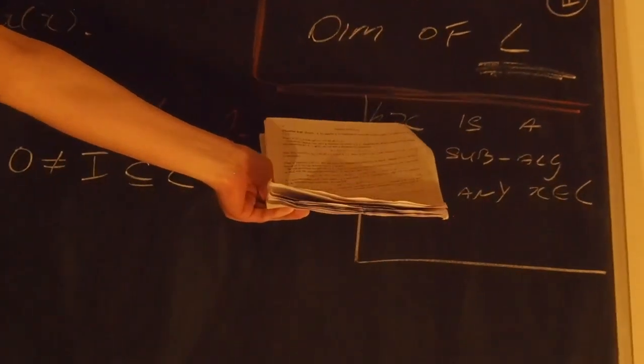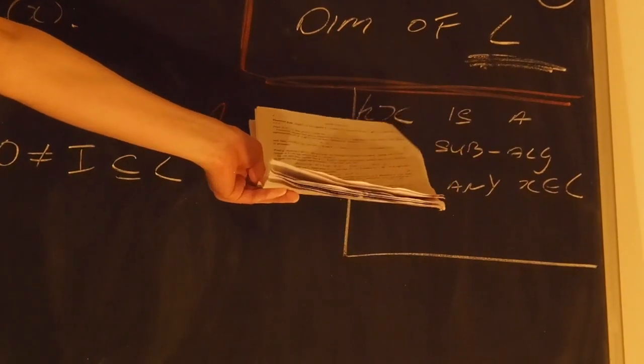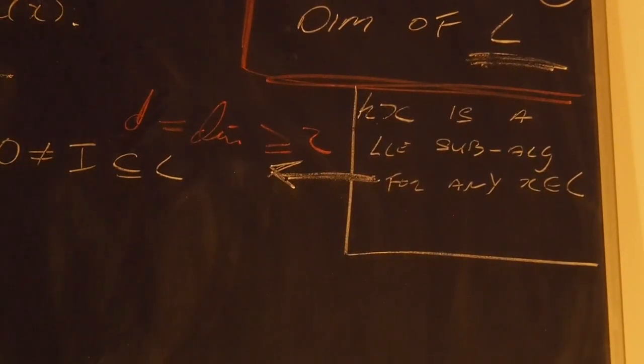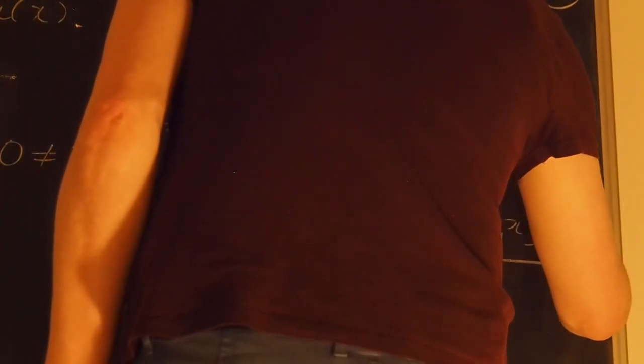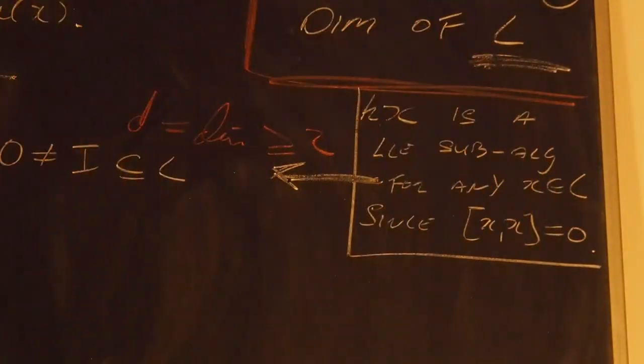So if you just take the one-dimensional vector space spanned by an element, that's a subalgebra. Why? Because the bracket of x with x is equal to 0, the first axiom of the algebra. So this does actually make sense. The maximality, hopefully you can think about this yourselves.